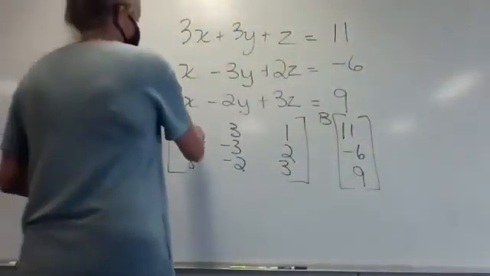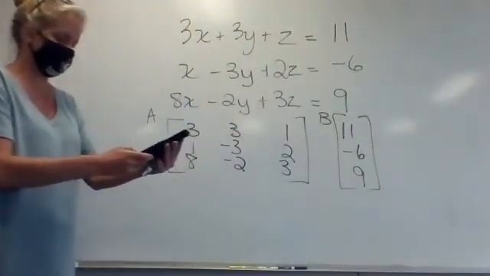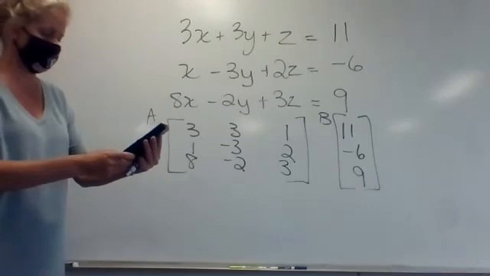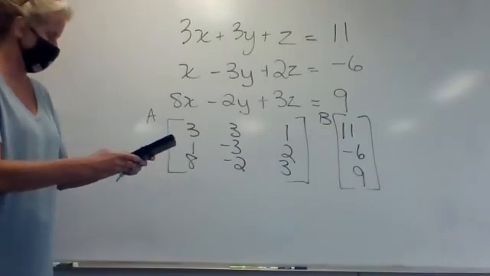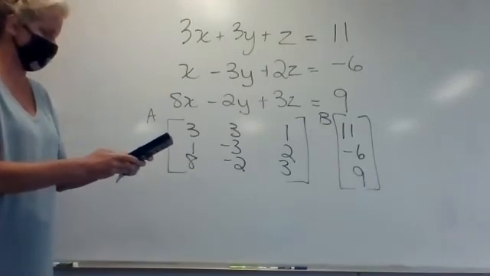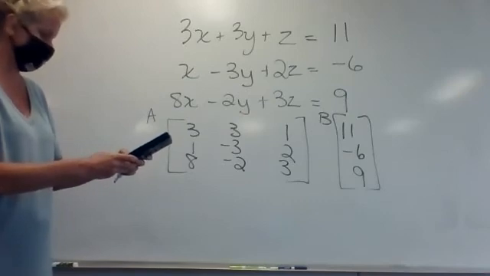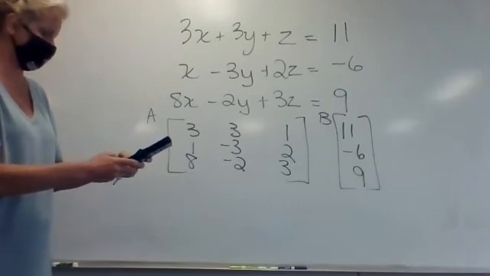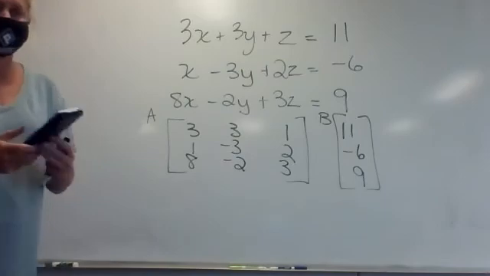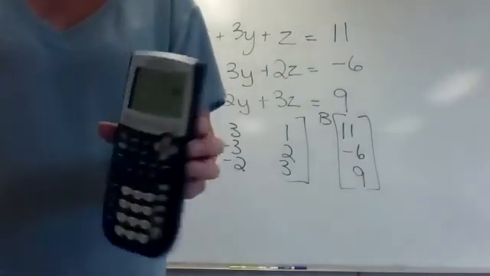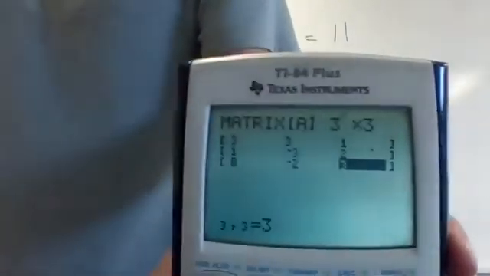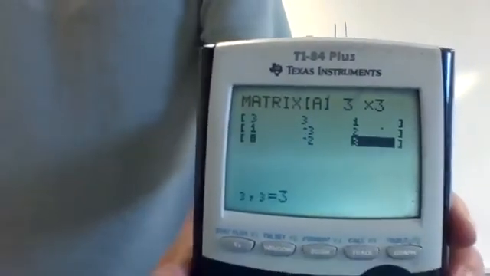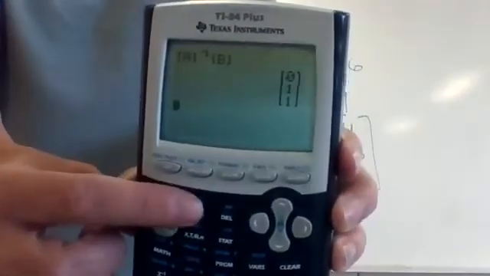So let's see up top, I have 3, 3, 1, 3, enter, 3, enter, 1, enter. 1, -3, 2, 8, -2, 3. So there's matrix A. Now quit, so just second quit.